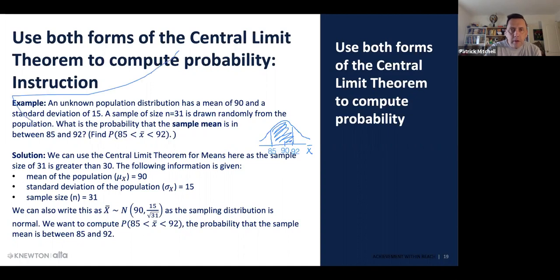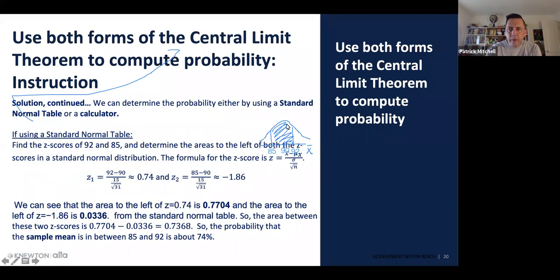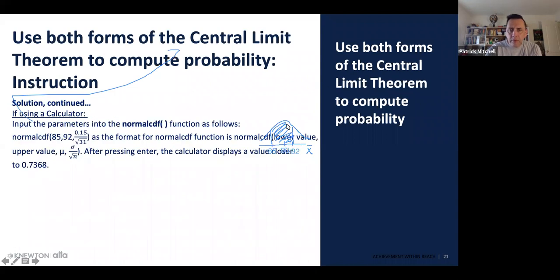The standard deviation of this distribution, instead of being 15, is 15 divided by the square root of 31. Okay. All right, other than that, it looks just like chapter 6.